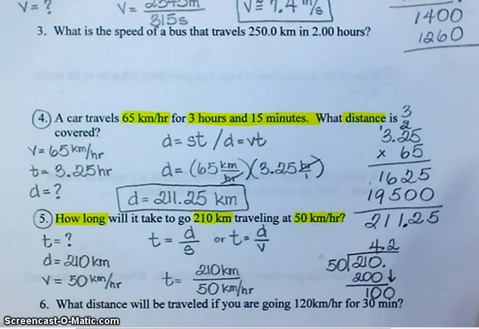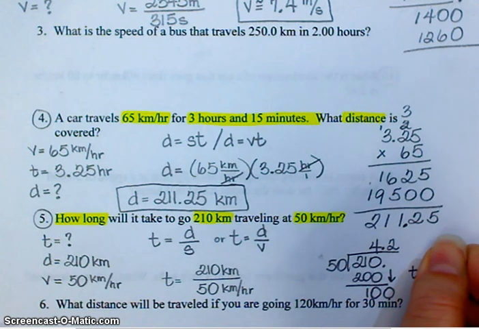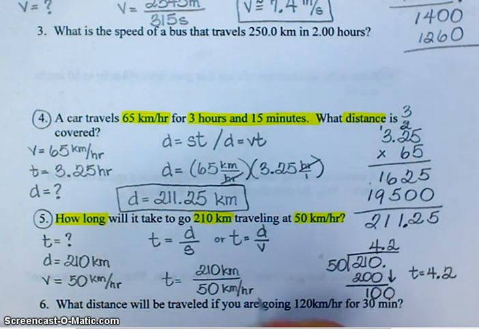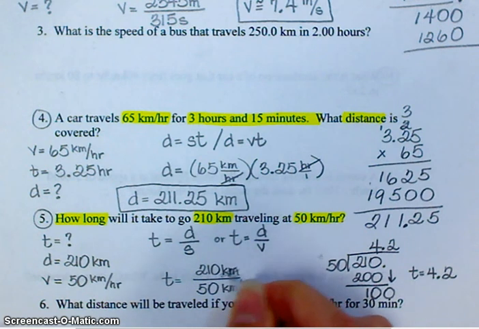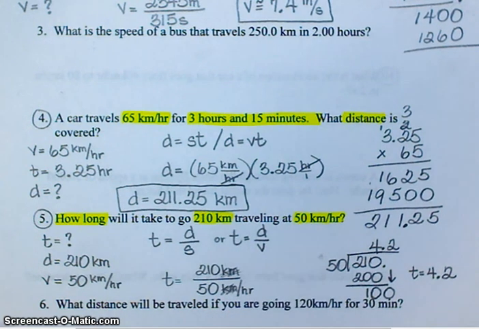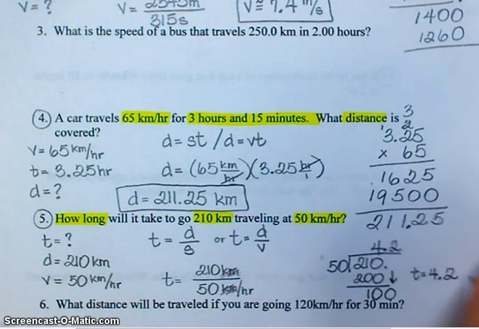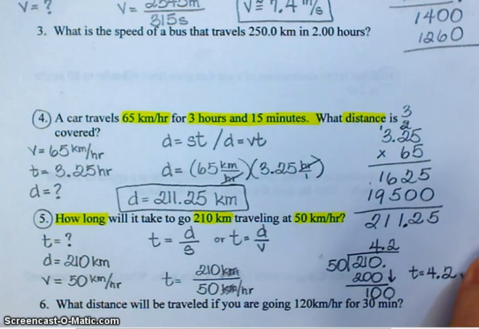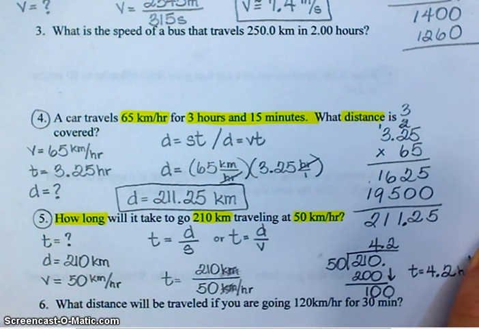So all I need to do is clean it up, put some units on it. So time equals 4.2. Look over here. Kilometers and kilometers cancel out, so time is equal to 4.2 hours. Put a box.